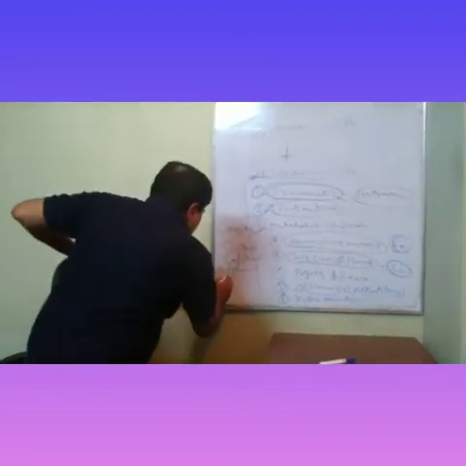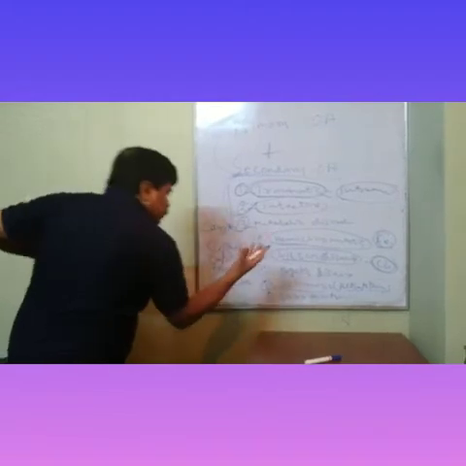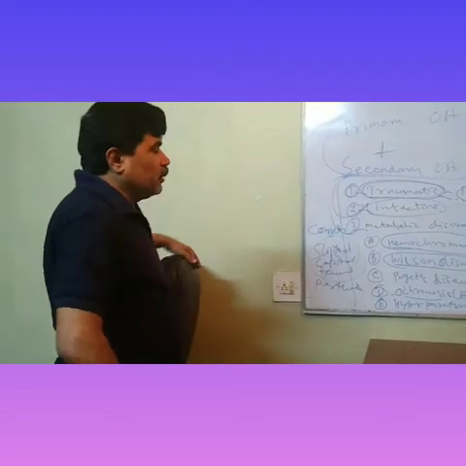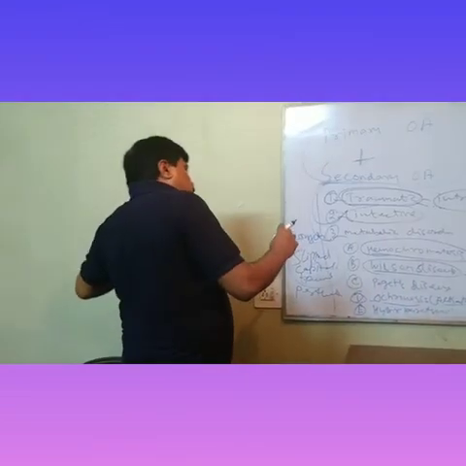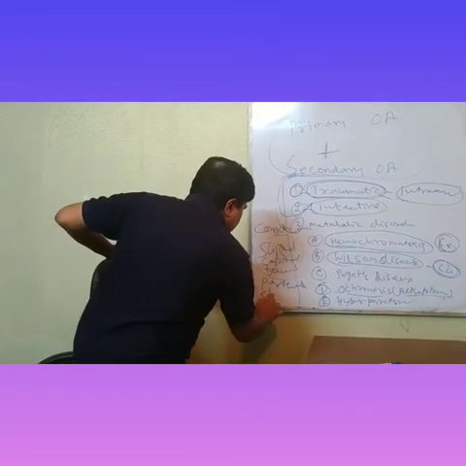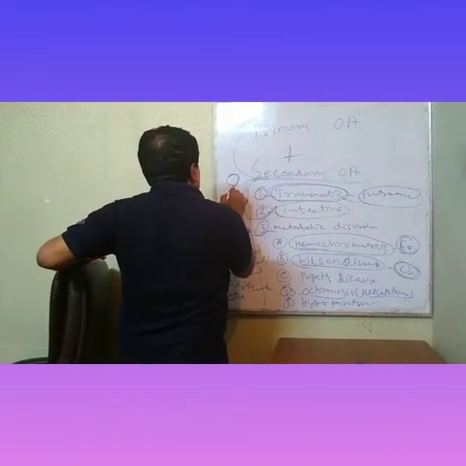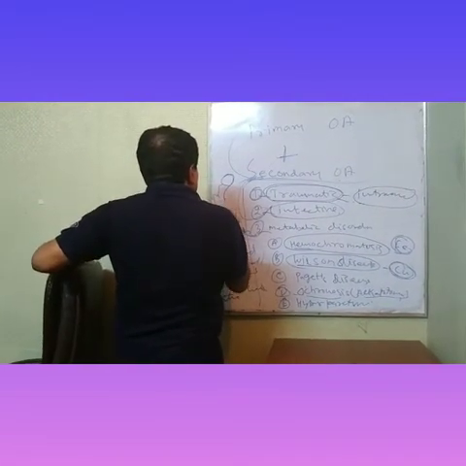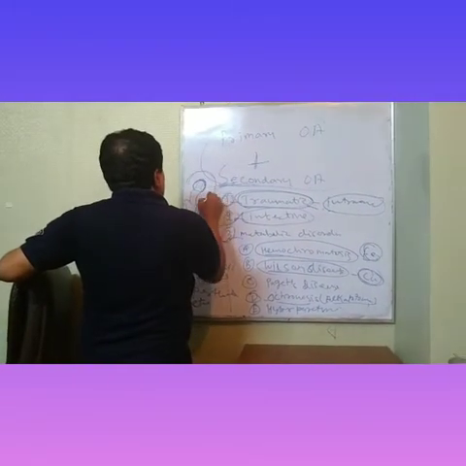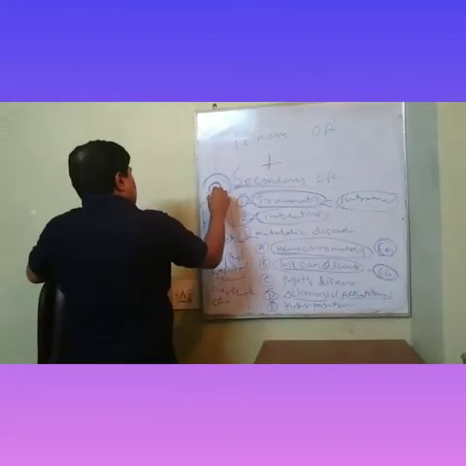Changes in the head of the femur due to Perthes disease lead to this. Gaucher's disease, with deposition in the head of the femur, changes the shape.